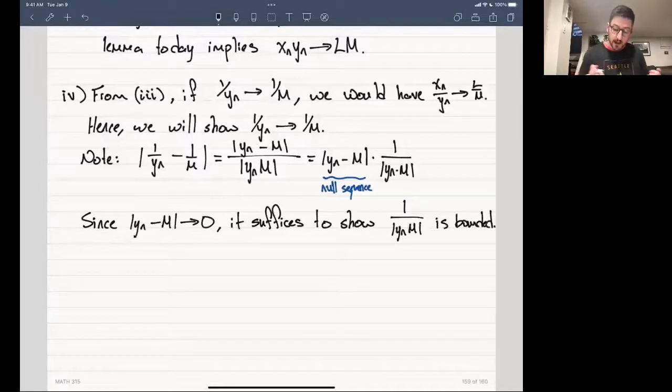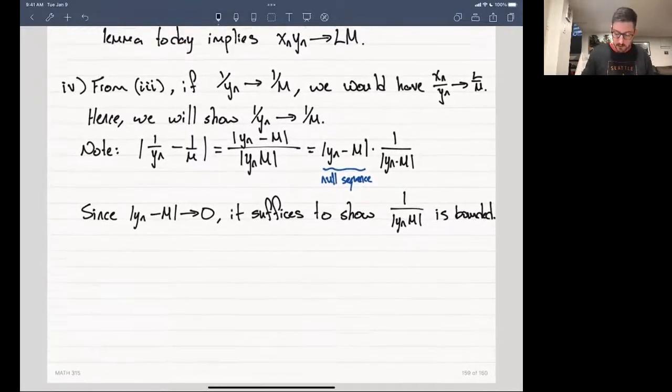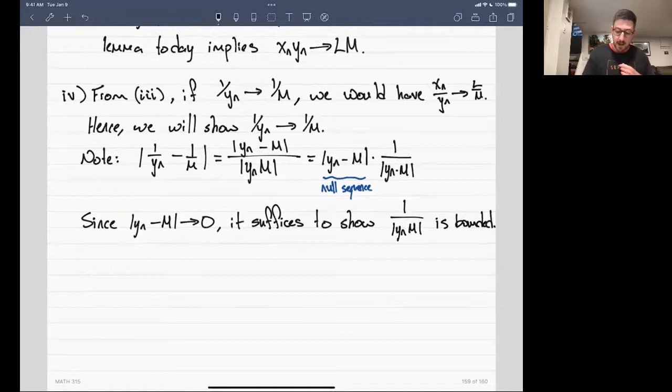And the reason for that is from the second lemma today. Again, null sequence times something bounded tells you that product goes to 0, which would therefore tell you that 1 over yn minus 1 over m goes to 0. And so you can use the same chain of reasoning that we used in the previous part to show exactly what we need here.